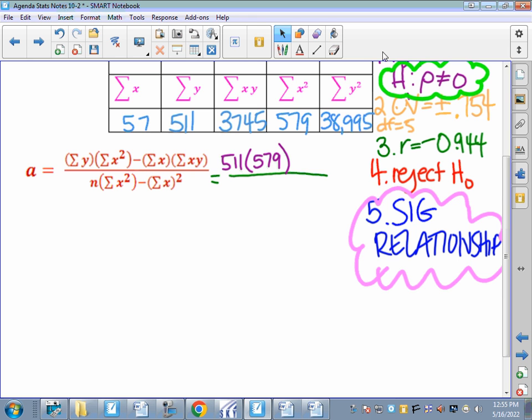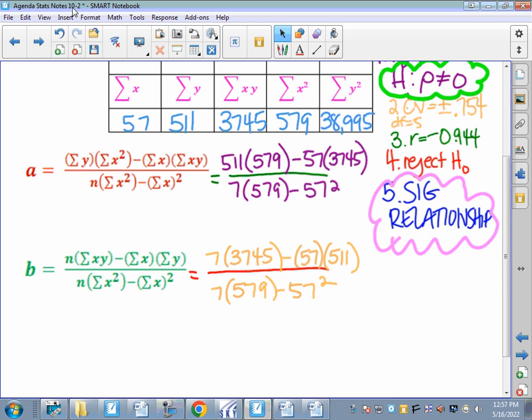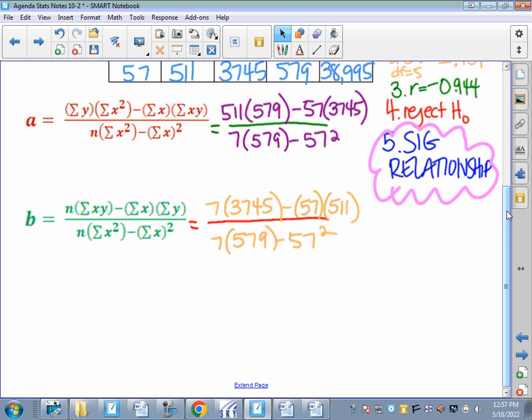I'm going to finish substituting values into my a and b equations, and then we can make sure that you've got the calculations. All right, are your formulas looking something like that? There are all my sums filled in for my a and my b.